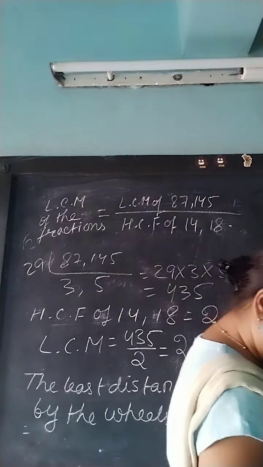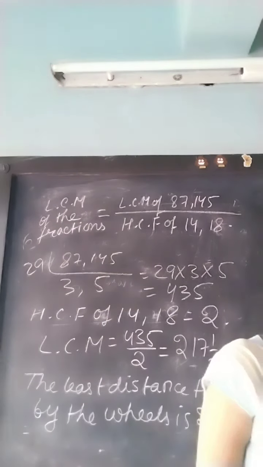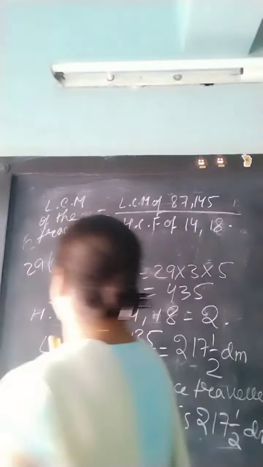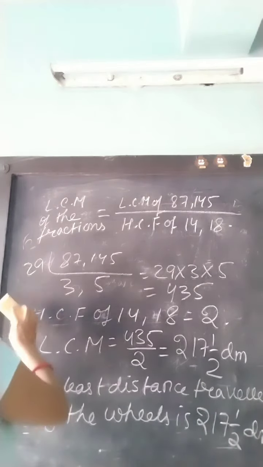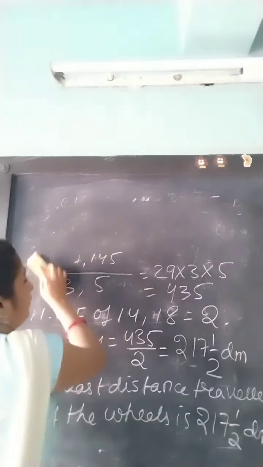Now very quickly, we will move on to another sum, that is sum number 23. This is sum number 21 and now we are going to solve sum number 23.